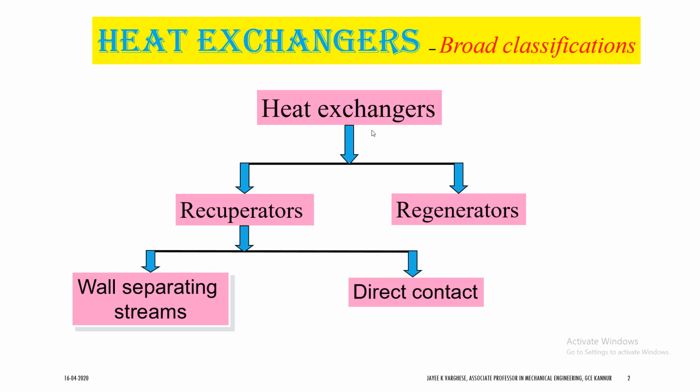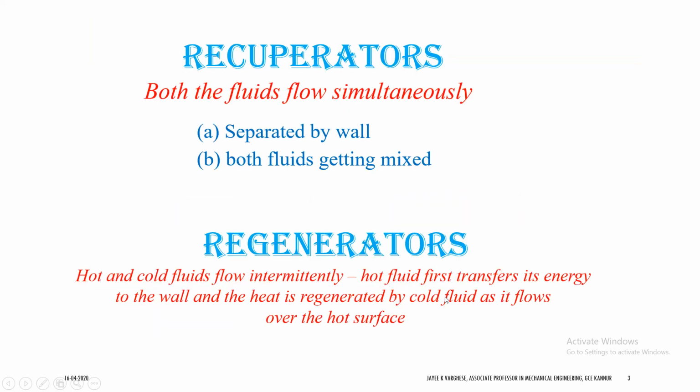In a broad sense, heat exchangers can be classified into recuperators and regenerators. Recuperators themselves can be classified into wall separating type streams and direct contact streams. So we have wall separating recuperators and direct contact recuperators. Now we'll see one by one.